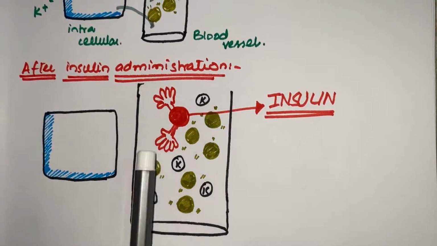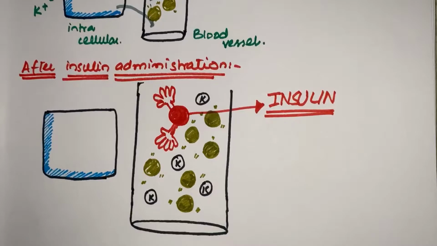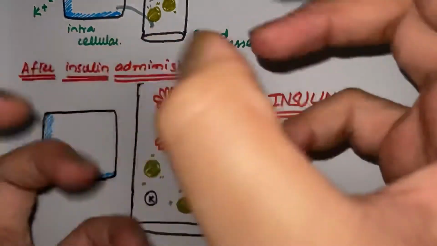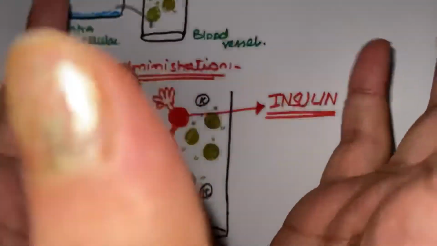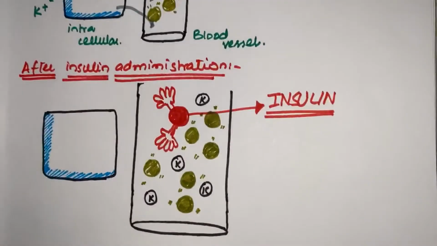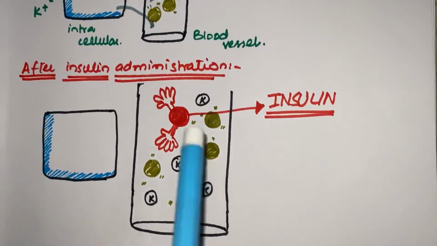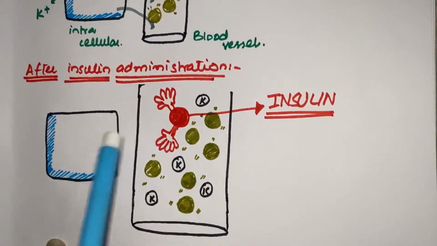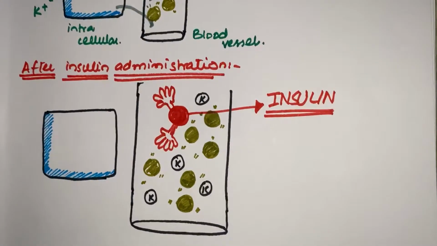Now see this insulin molecule, it has these two big hands. What does this insulin do? It starts to pick up the glucose and put it into the cells, so that the blood glucose level starts to decrease.